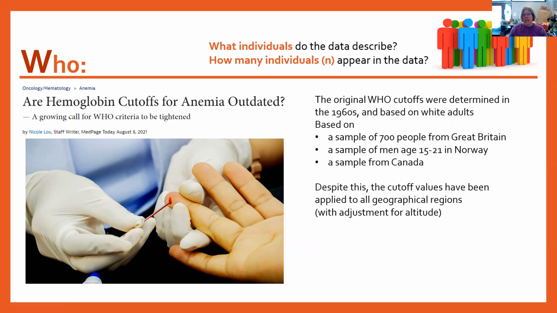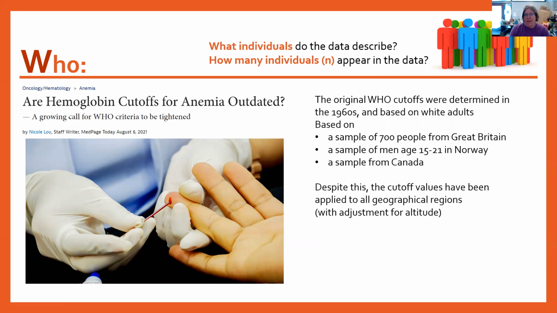So I did a little research into this, and the three most commonly cited pieces of research that gave the values for this cutoff are a sample of 700 people from Great Britain, a sample of men aged 15 to 21 from Norway, which is a super specific group of people to survey. That is odd. You would apply results to everybody based on just that small subset.